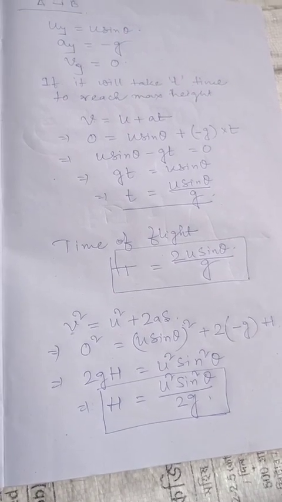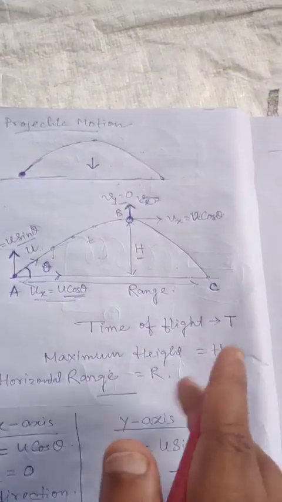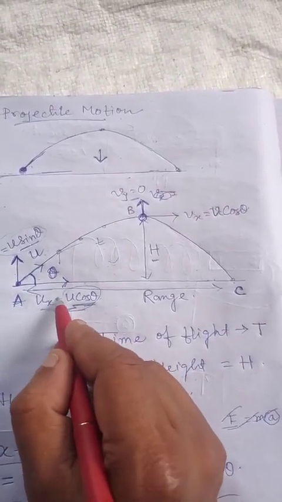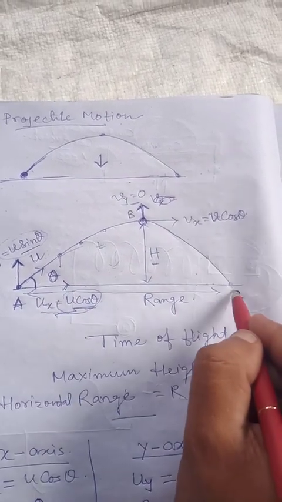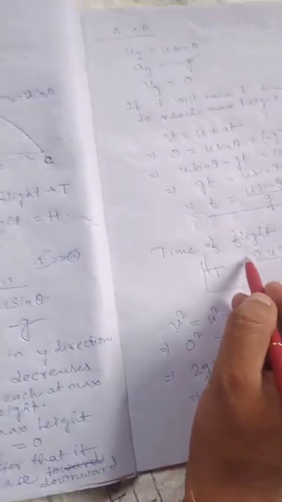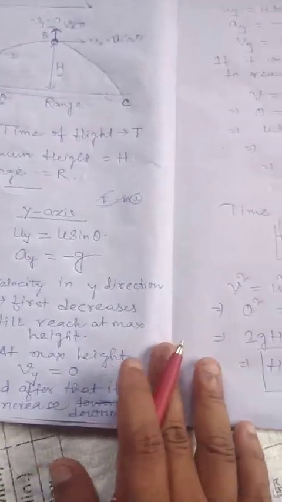Now if we consider the x-axis motion, ux is the velocity and the time taken to reach point C is 2 small t, already known, that is called time of flight. So we can calculate the range of that body.